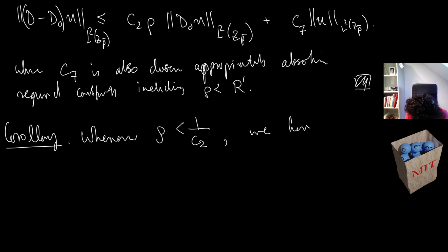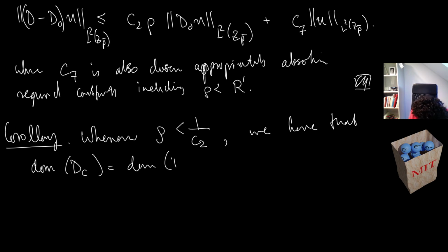We have that dom D_C equals dom D_0,C, where D_C is equal to D, so restricted to now this.